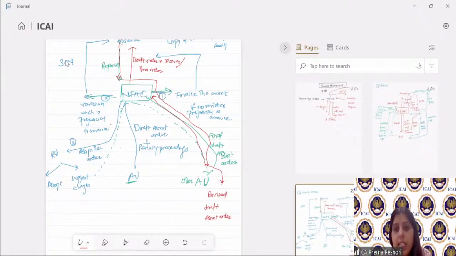So in these cases, the AO cannot just make an assessment. The Act requires the AO to make the assessment only by intimating the central government, because the central government has given the approval to these funds, institutions, trusts, or universities for claiming the exemption.